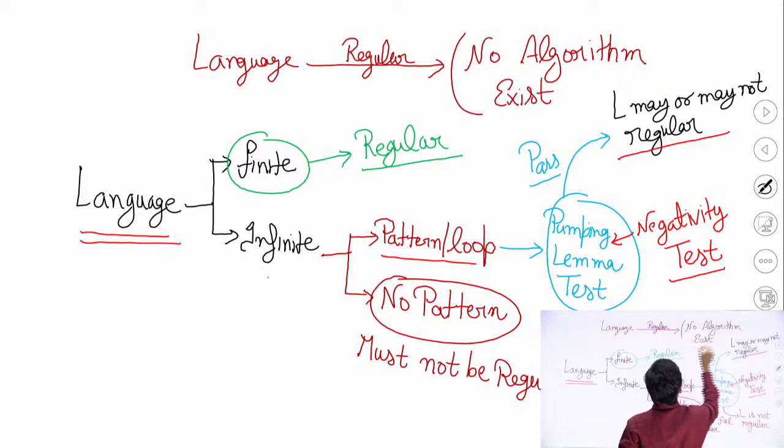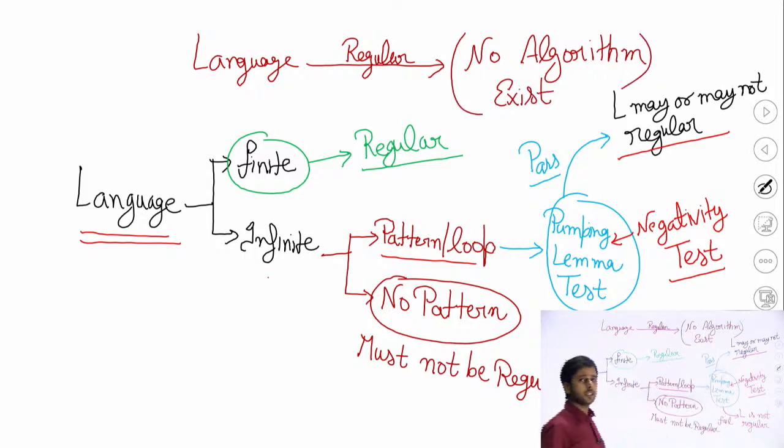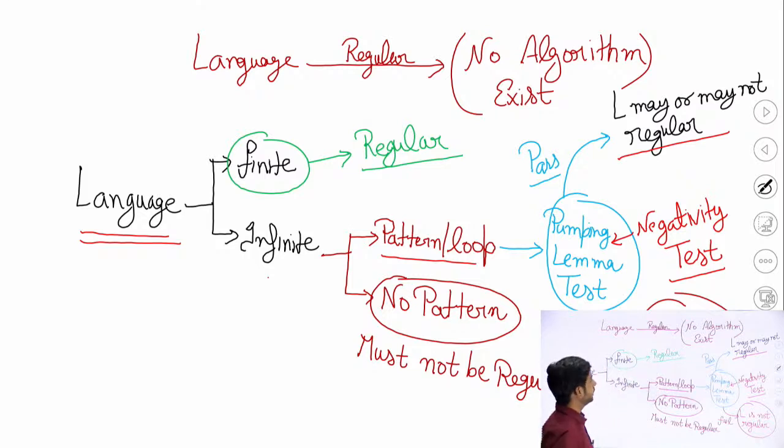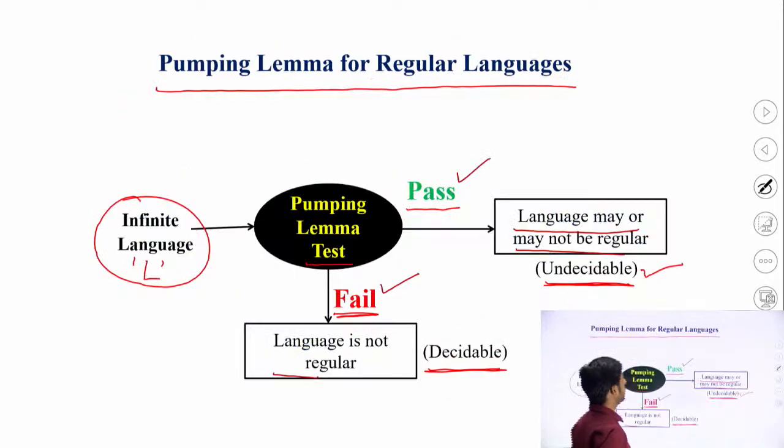Okay, pumping lemma is a negativity test. It will tell that if it fails, then the language is not regular. It will not identify that the language is regular. If the pumping lemma test fails, then the language is not regular. Okay, this is for pumping lemma for regular languages.